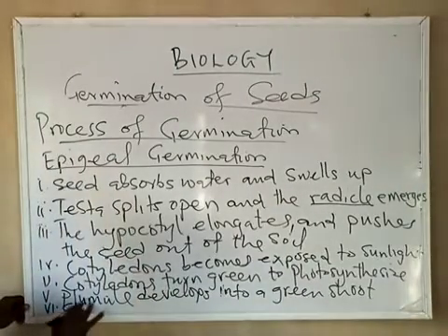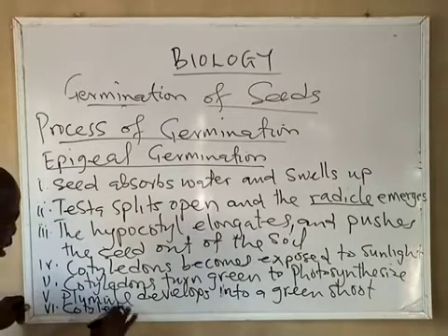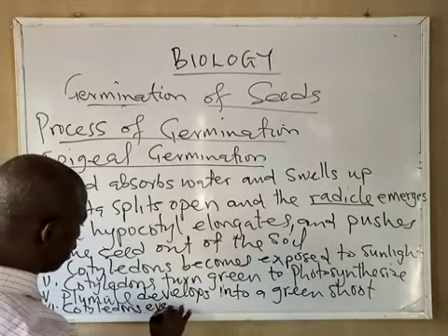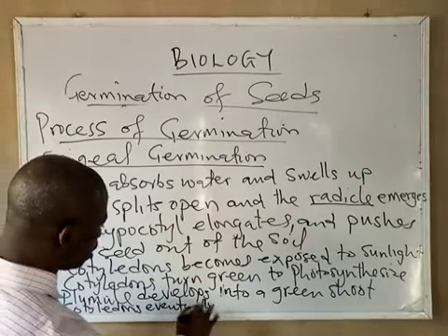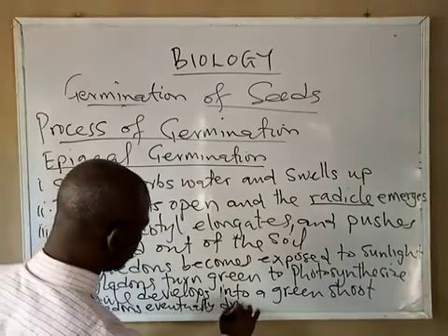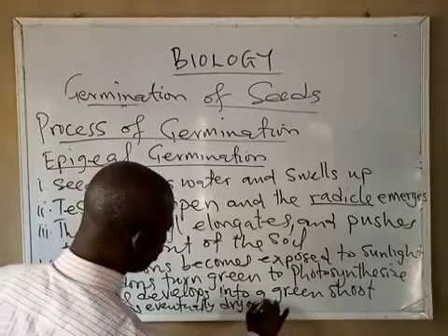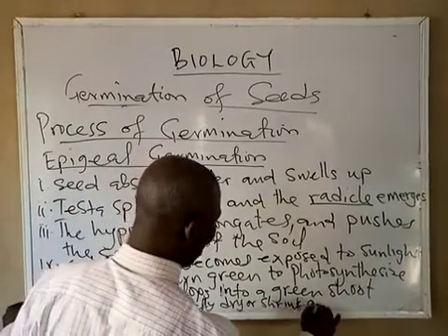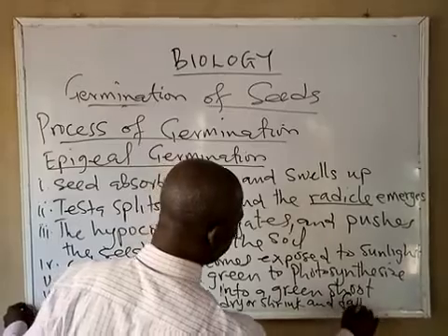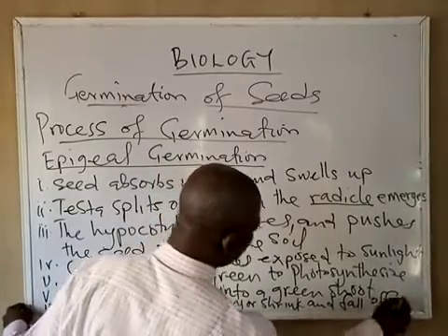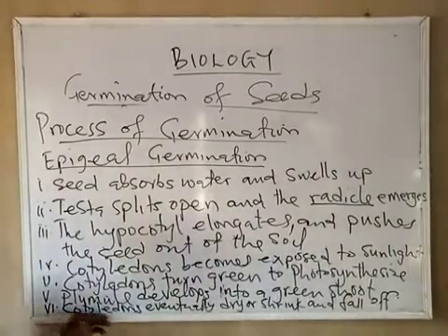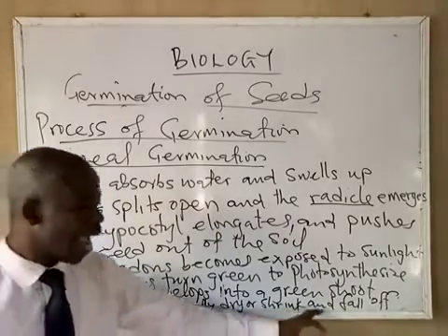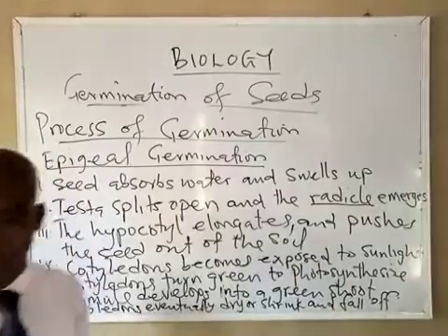So cotyledon eventually dry or shrink off and fall off. Cotyledons eventually dry or shrink and fall off from the plant.